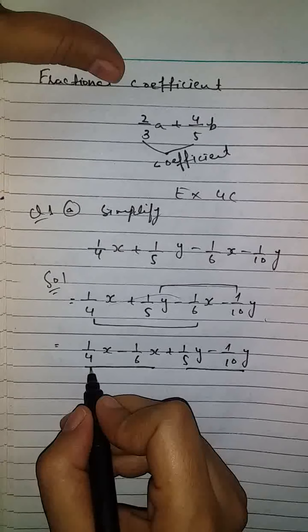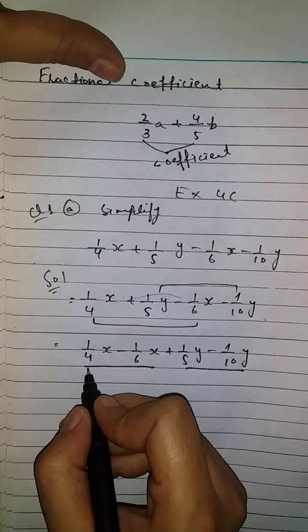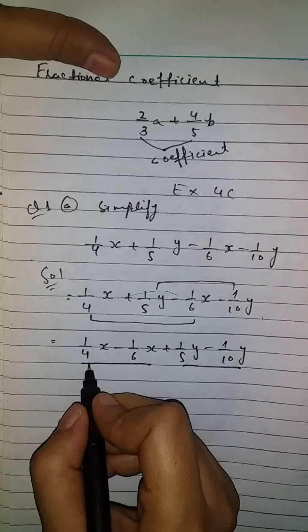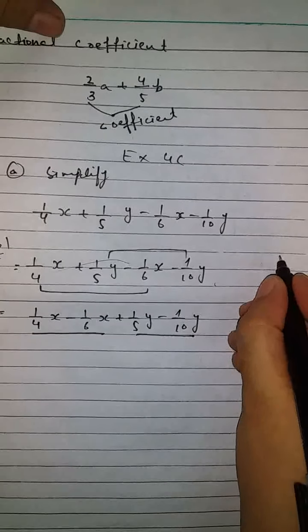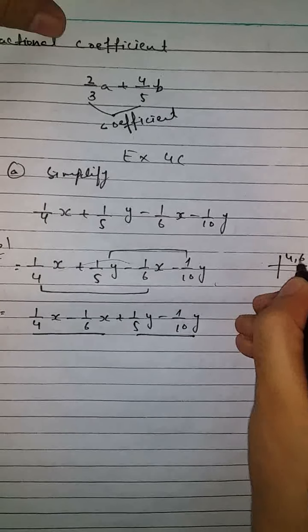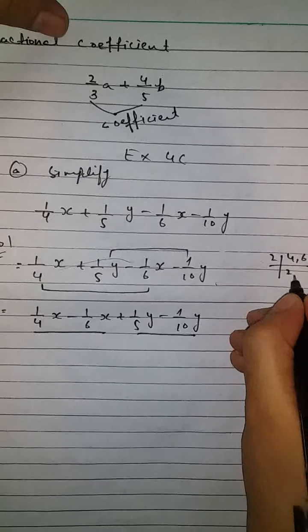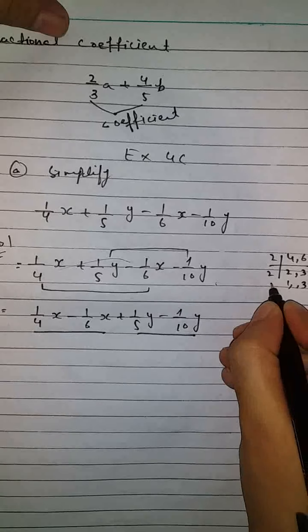These coefficients are in the form of fractions, that's why to solve them we take the LCM of the denominators. The denominators are 4 and 6. 2 times 2 is 4, 2 times 3 is 6, 2 ones are 2, 3 as it is.